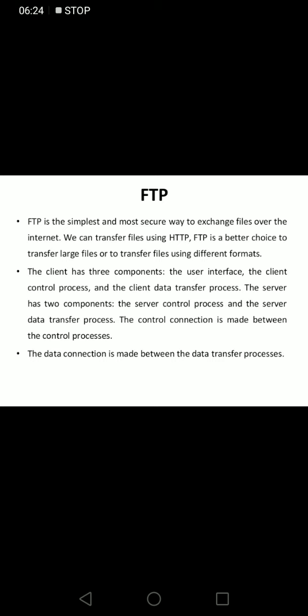We use the control connection for sending control information like user identification, password, commands to change the remote directory, commands to retrieve and store files, etc. FTP makes use of the control connection, which is initiated with port number 21. After establishment of the control connection, we use the data connection for sending the actual file, and it is initiated with port number 20.